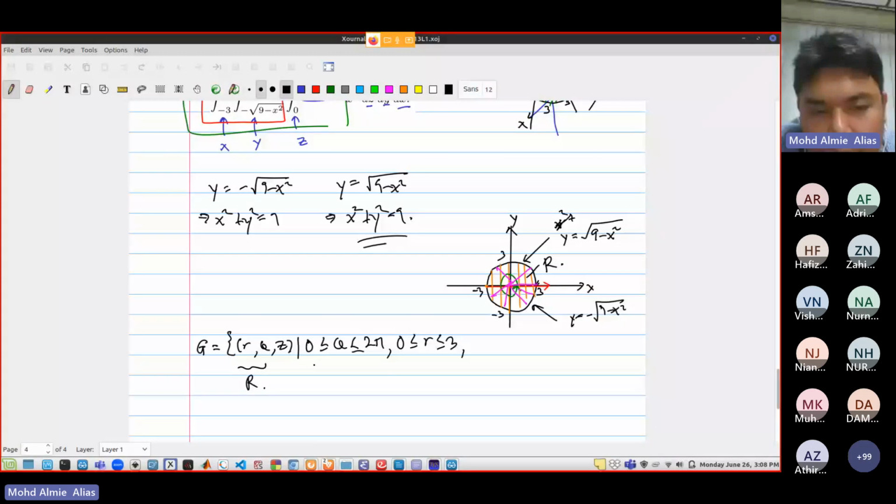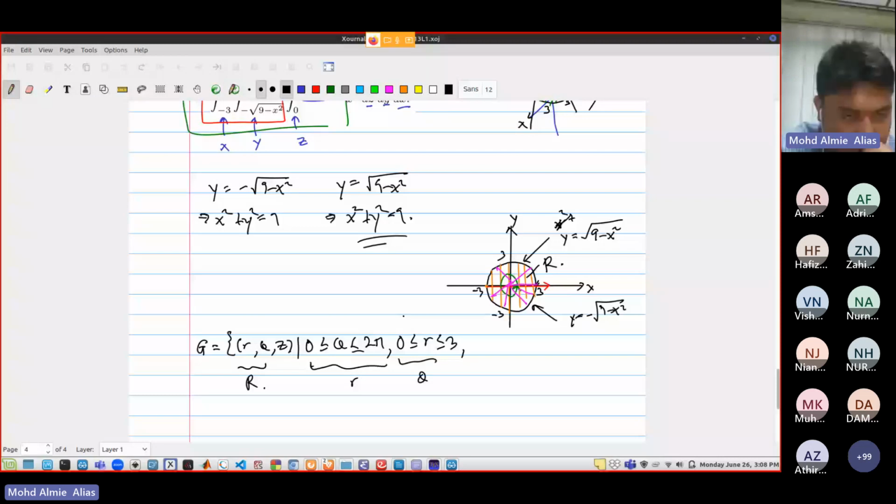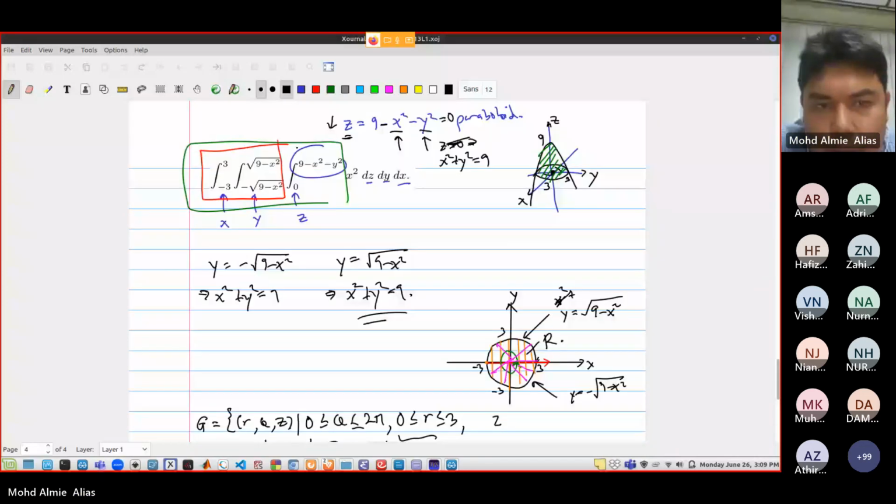Sometimes I write r here and theta here, but I think it doesn't matter. You can change their positions. And then the last one, which is the z component. As I said, z doesn't change, it's the same z.